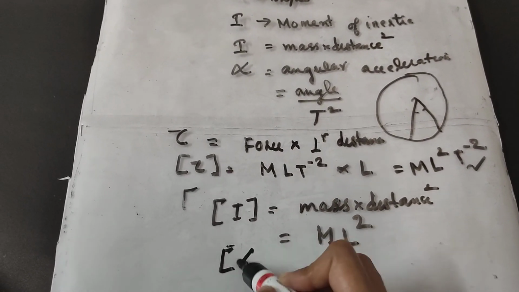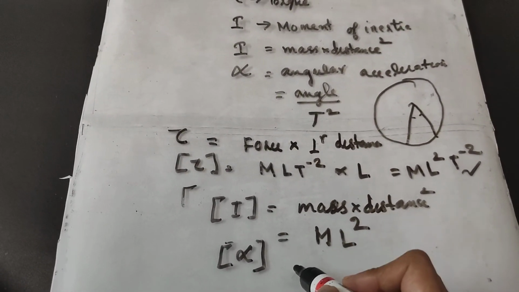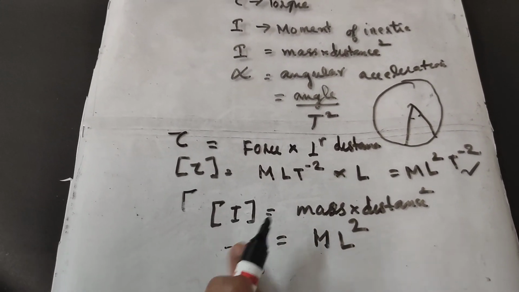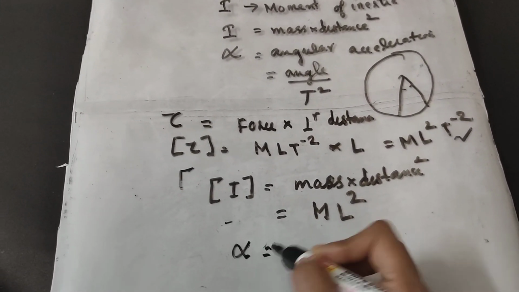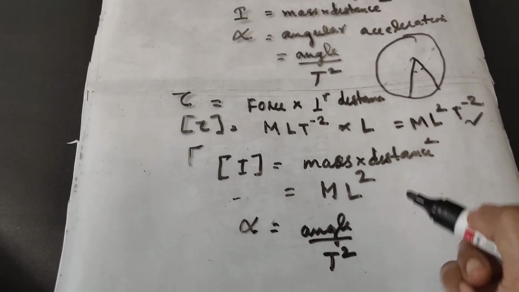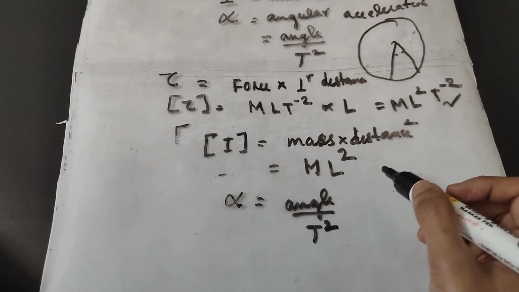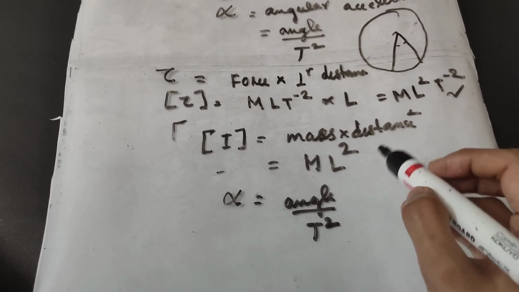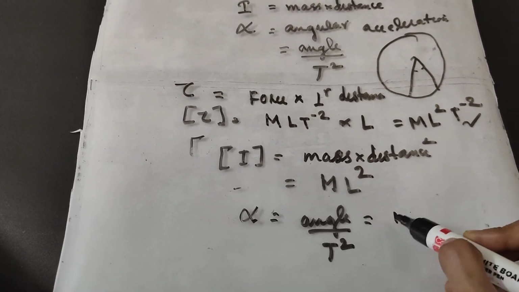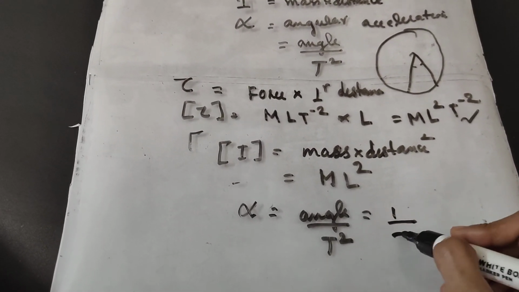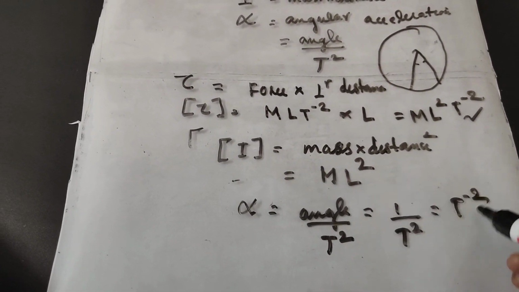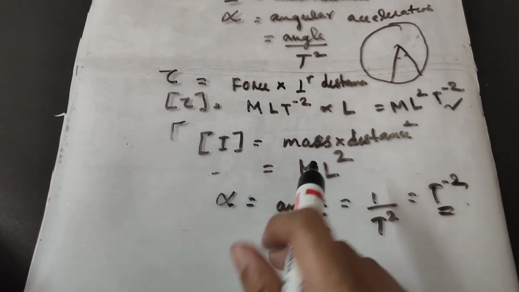Again there is one more term, alpha. What is the equation for alpha? The equation for alpha is angle divided by time square. And angle has no dimension, and the dimension of time is T, so it can be written as T raised to minus 2, which is the dimension of angular acceleration.